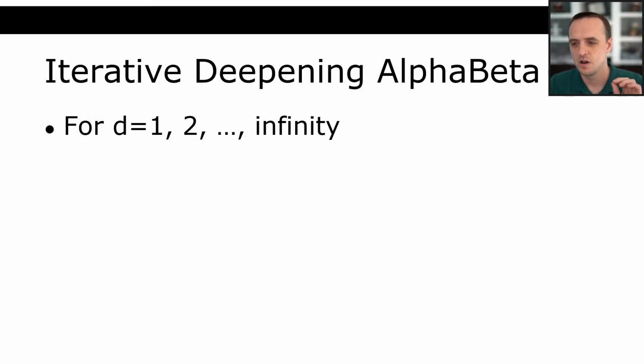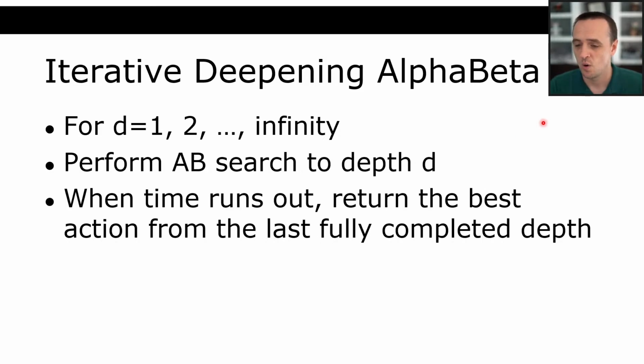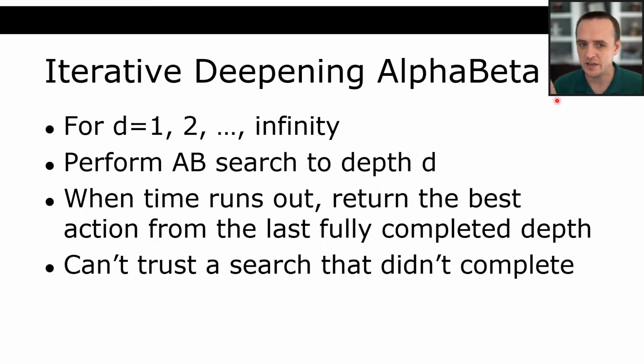So for depth 1, 2, 3, up to infinity, we're going to perform an AlphaBeta search to depth D. When time runs out, we're going to return the best action from the last fully completed depth, because we can't trust an action from a search that didn't complete. What do I mean by that?